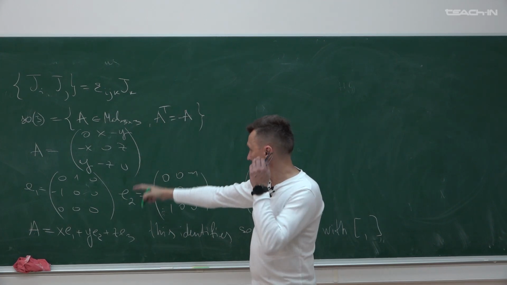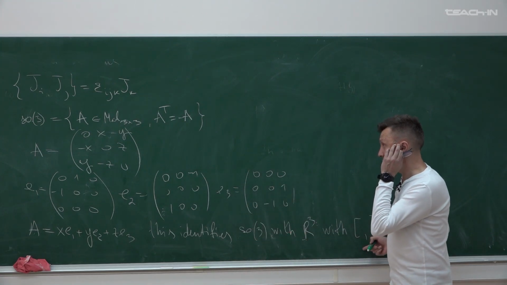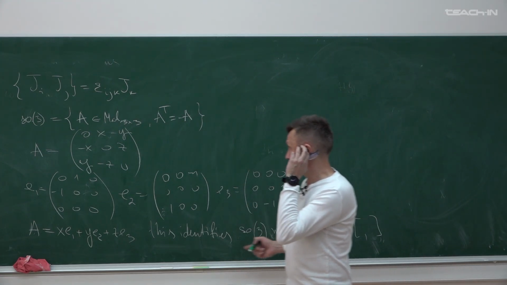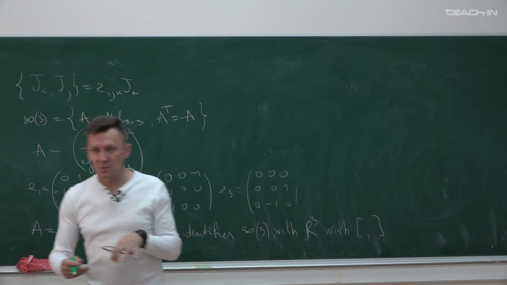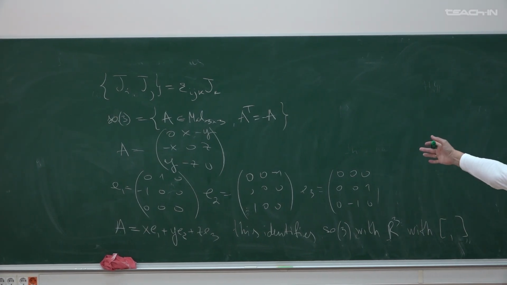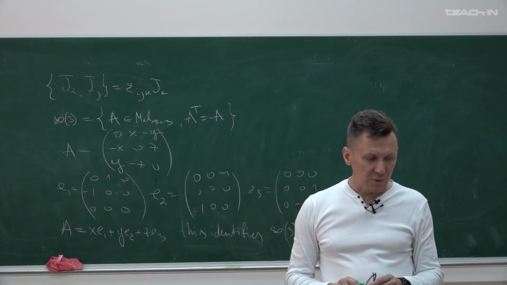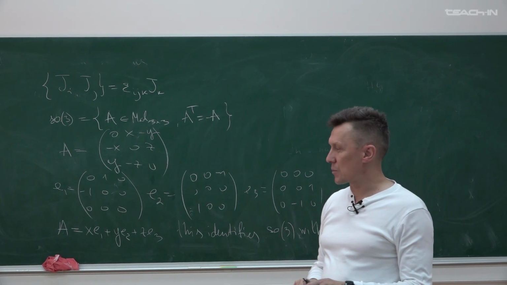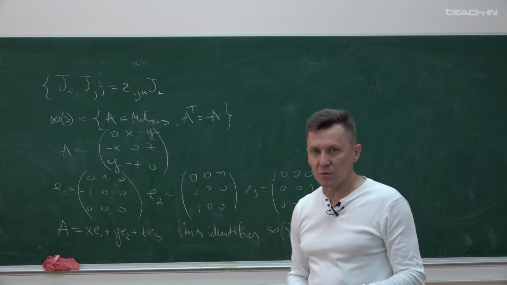So my statement is that this formula makes this identification, and it is the same Lie algebra as the Lie algebra of angular momentum. This is an indication to solve our problem of complete integrability of the Kepler problem. And it will stay the task for the next time.